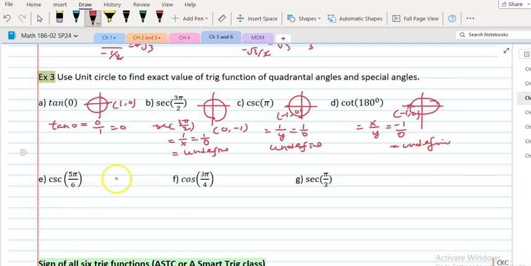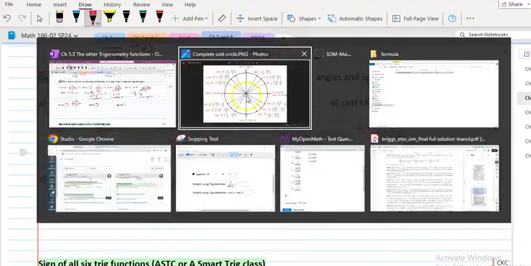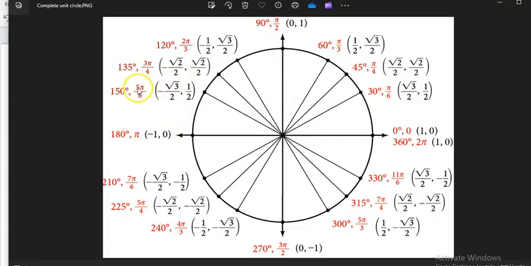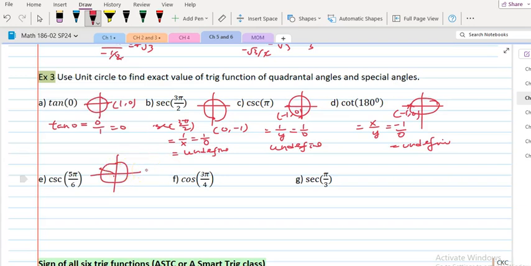Okay, so let's do this. 5 pi over 3. So 5 pi over 3 is here. And if I go back to the unit circle, I think it's what, 5 pi over... No, 5 pi over 6. 5 pi over 6 is negative root 3 over 2, 1/2.